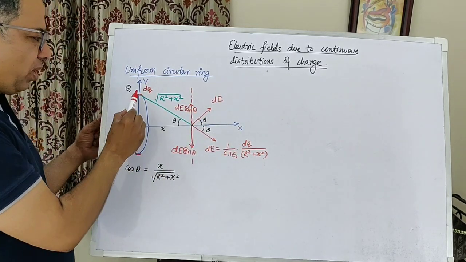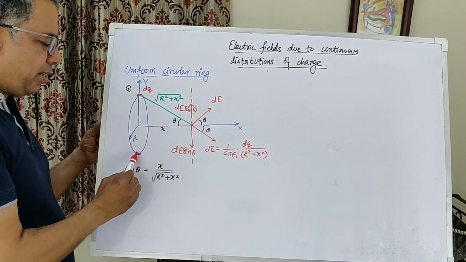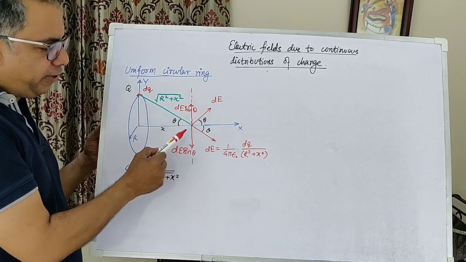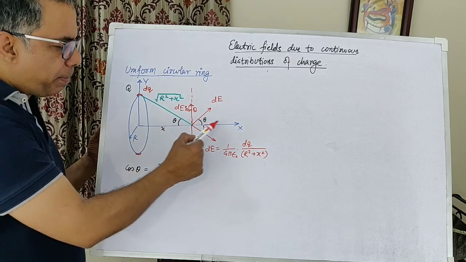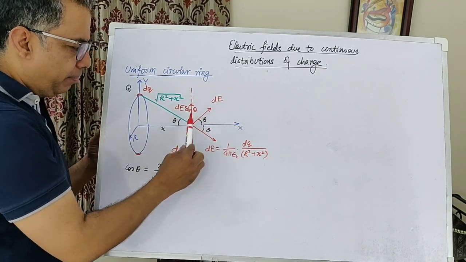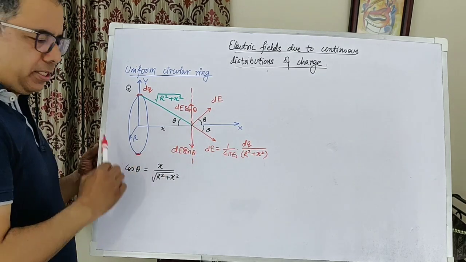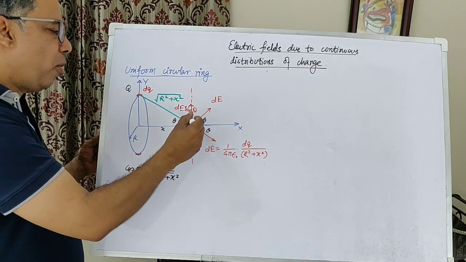Now, the same thing repeats for all field components which are perpendicular to the axis of the ring. Whenever we take a pair of diametrically opposite charge elements, the field components perpendicular to this axis of the ring will be dE sine theta each in exactly opposite directions. So, they all cancel out.